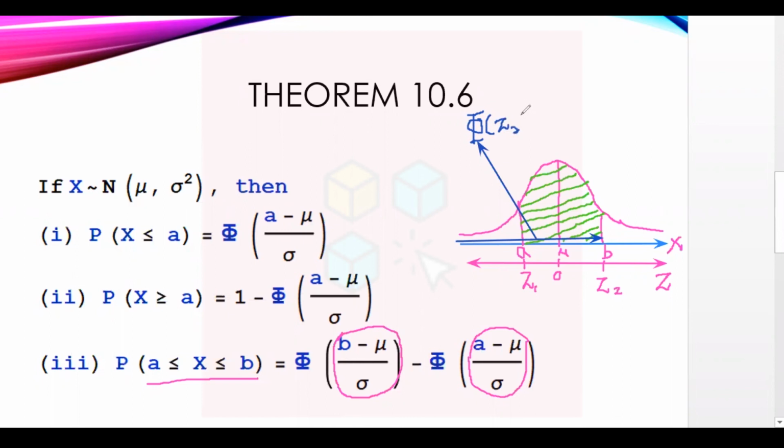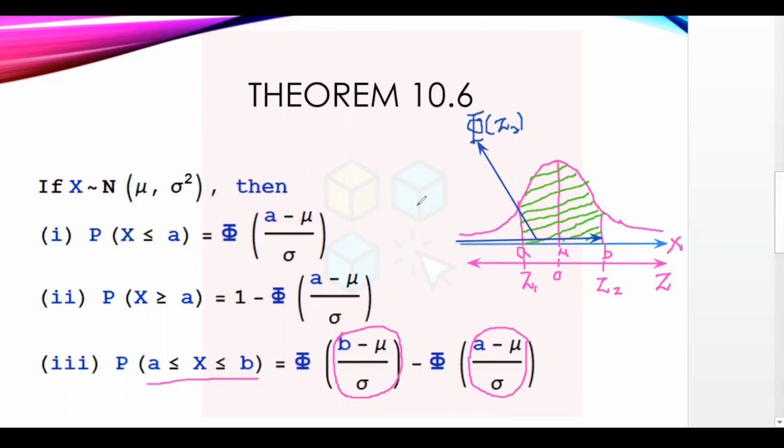We require the green area. And when you see the value on z1, it will give you the area from minus infinity to z1.